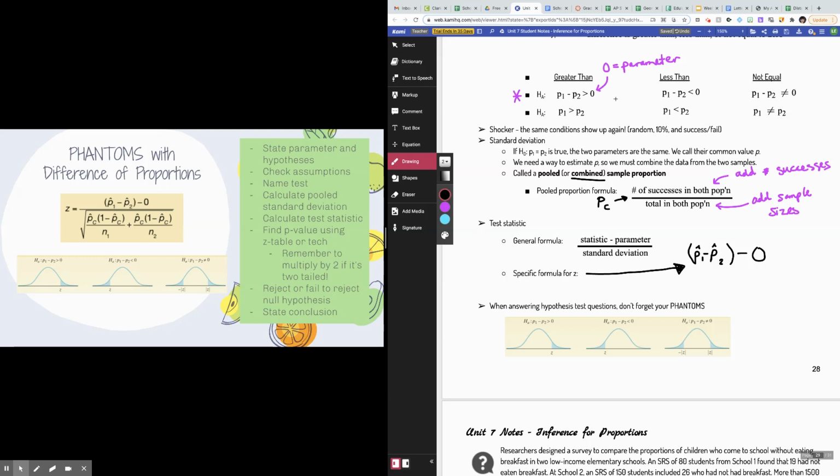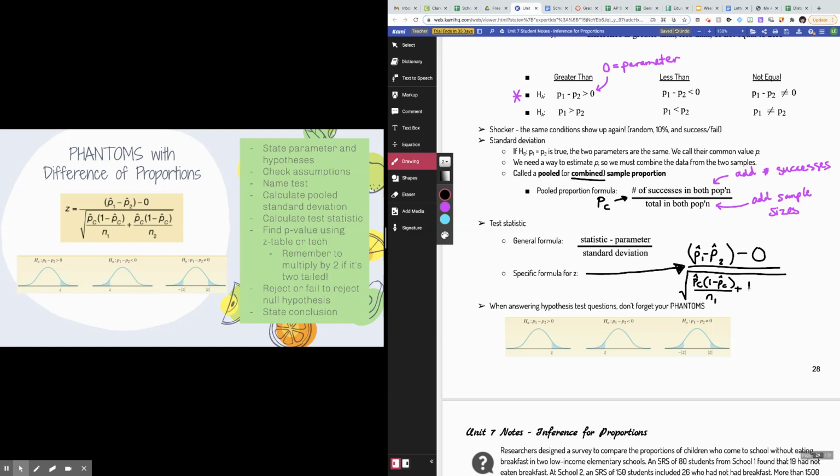So we're assuming that's our parameter value, and that's why I like to have you all write the alternative hypotheses using this first method, so that you remember that your parameter value is 0, okay? And then we're dividing by this crazy long formula for standard deviation. But again, it should look very similar to things that you've seen before, where you have some proportion multiplied by 1 minus that proportion divided by a sample size, right?